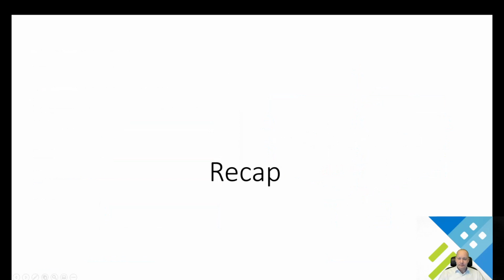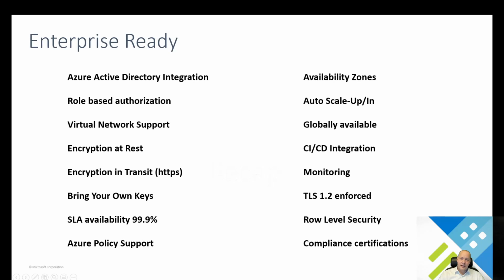Let's recap. We covered a lot of content in today's webinar and started with identity and access management. So we covered Azure Active Directory integration, role-based authorization. Then we continued with encryption. So we covered things like encryption at rest.